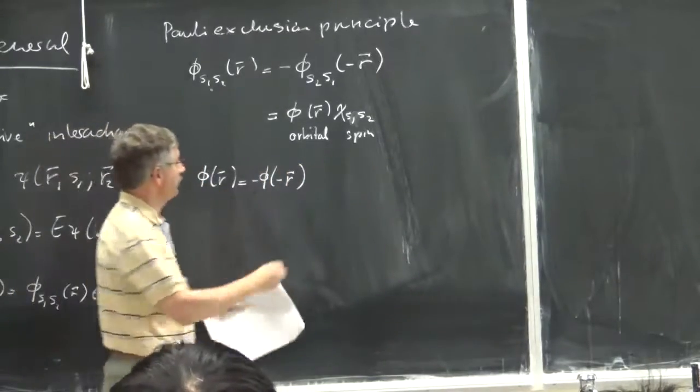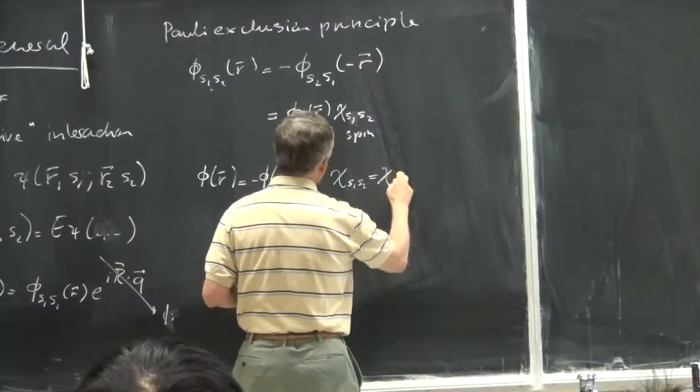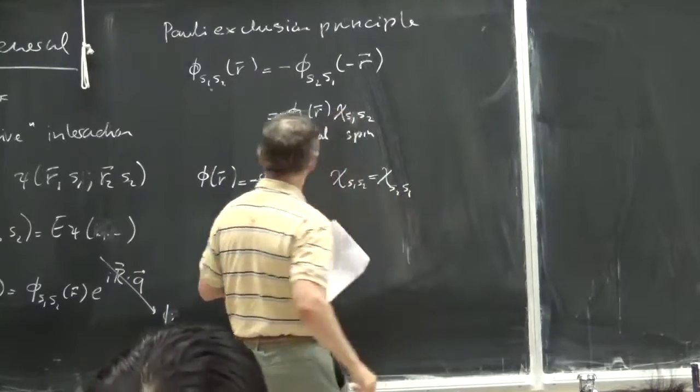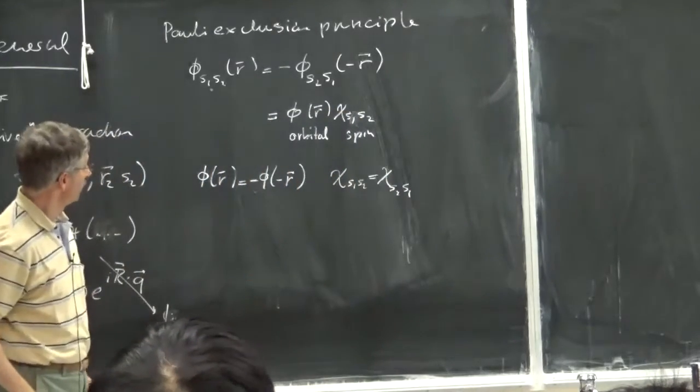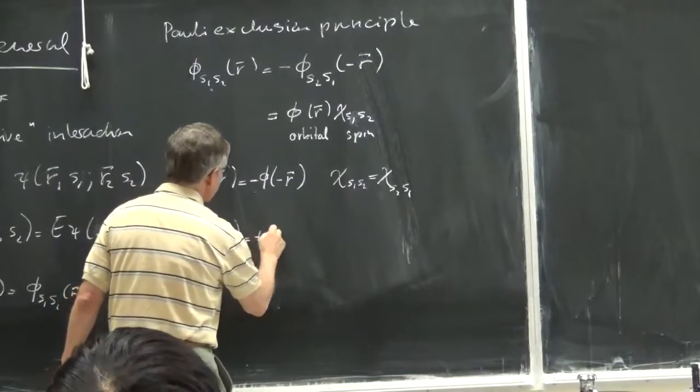The orbital part could be symmetric, and then the spin part should be antisymmetric. Or we have the opposite: the orbital part antisymmetric, and then the spin part should be symmetric.